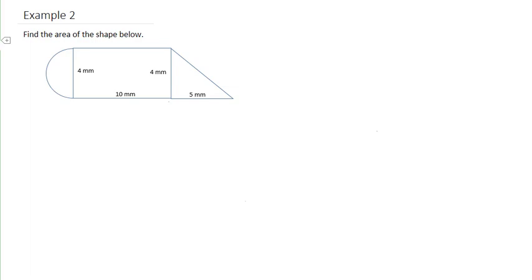Once again, we have 3 different shapes that we can break it into. So we have a half circle because we know the area of a full circle, so we can just divide it by 2 then. And then we have this rectangle and a triangle. So let's go ahead and start off with the circle. So the circle area formula is pi r squared, meaning the radius.